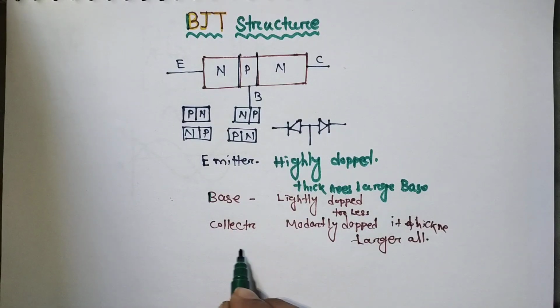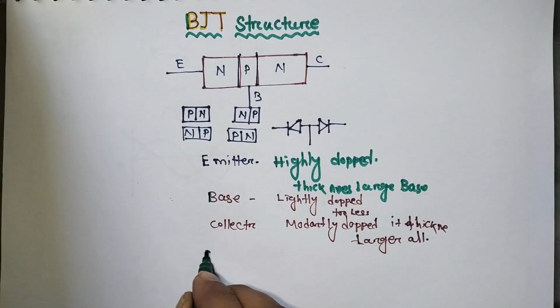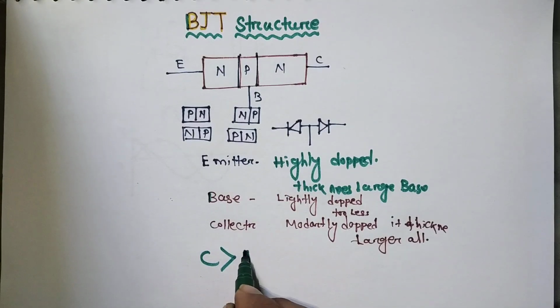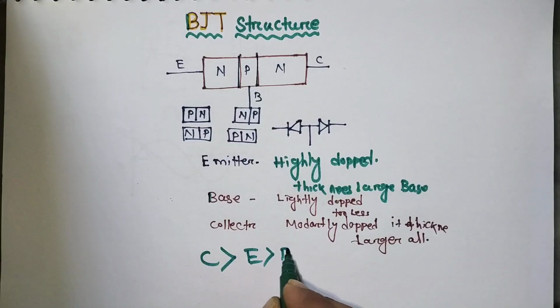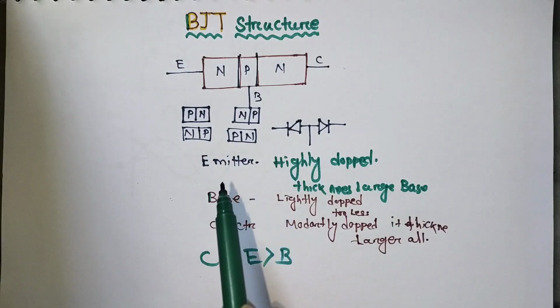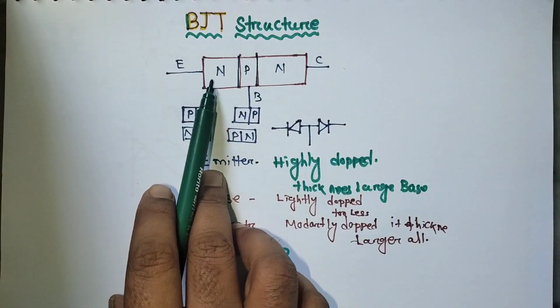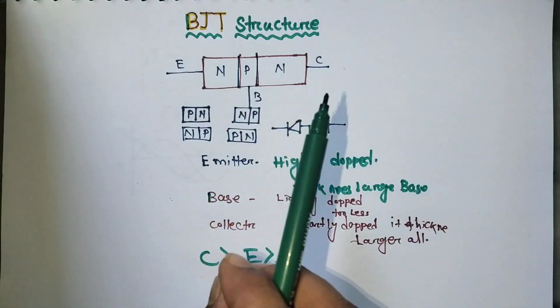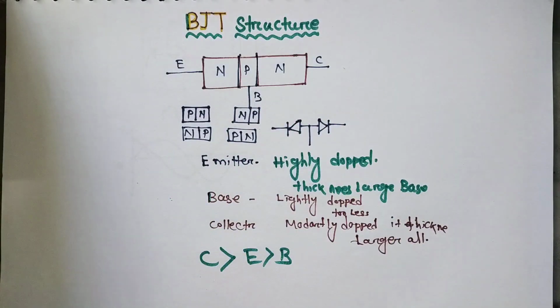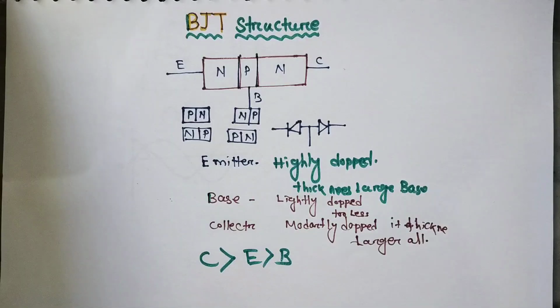Here we are taking the NPN. The emitter is highly doped, meaning more electrons. The base is slightly doped, meaning a small amount of holes, and the collector has a large area with moderate doping. With this proper structure we can use it as an amplifier or for current control.